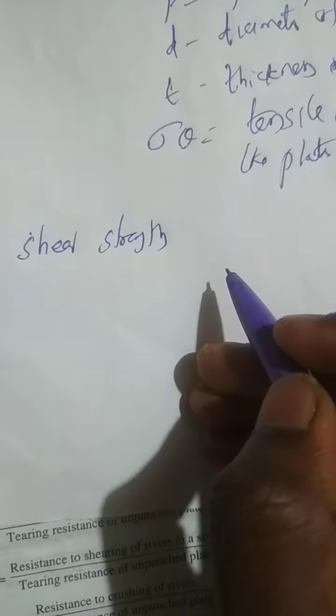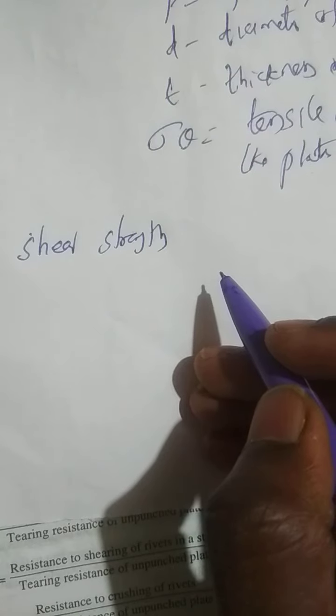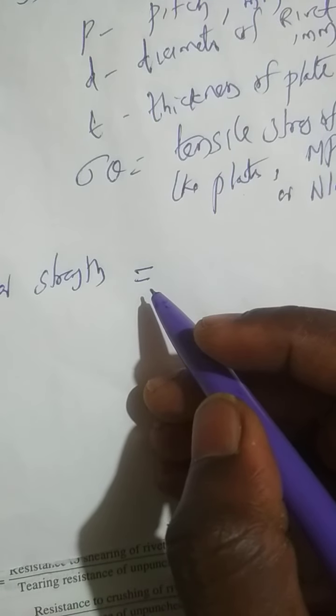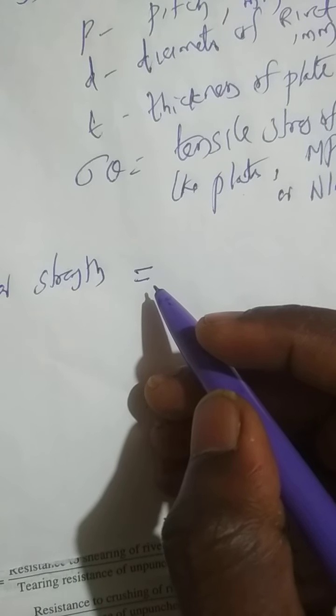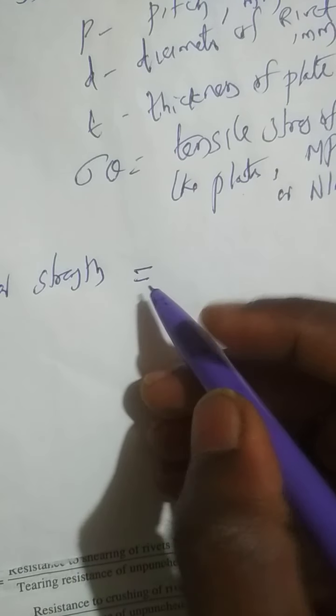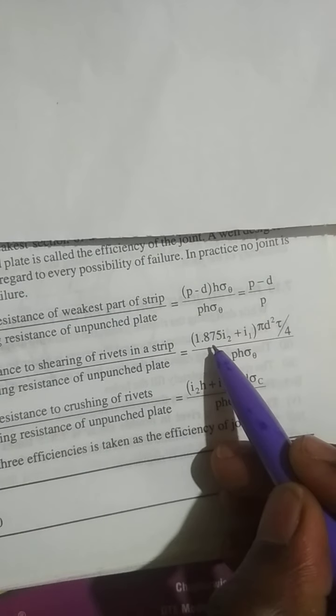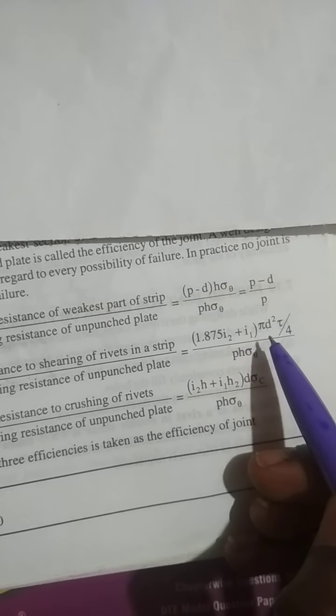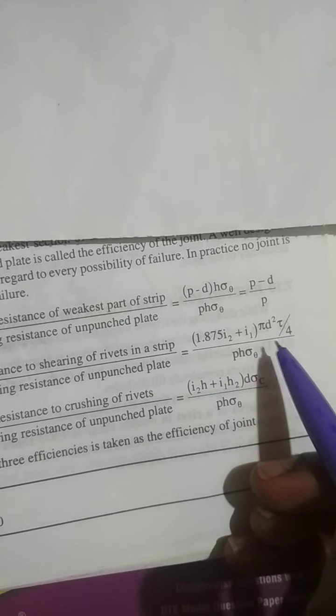Shear strength is equal to, here you can see the shear strength formula, (1.875 I2 plus I1) times pi d square by 4 into tau.